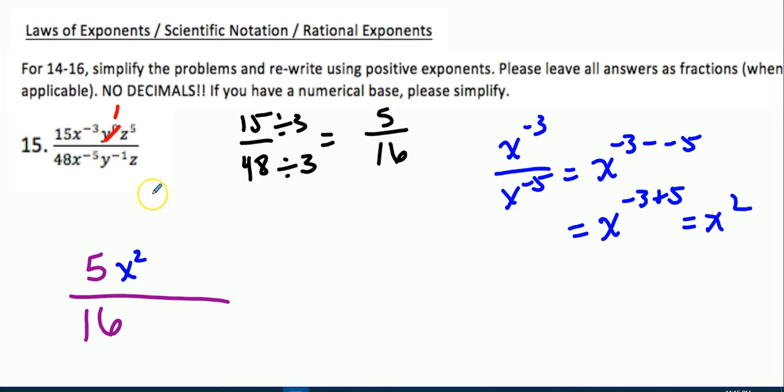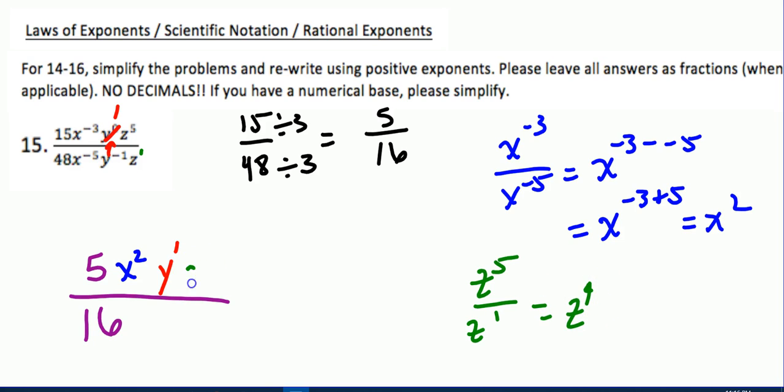And that y to the -1 is coming up. So y to the first. No math there to really do. Please note that z in the bottom has a z to the first. So let's just do that one. Z to the fifth over z to the first. There's more z's in the top than the bottom by exactly 4.